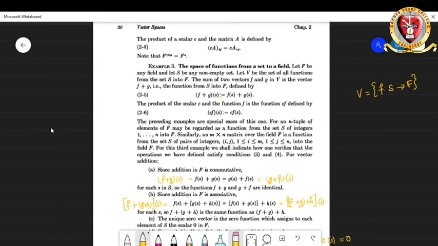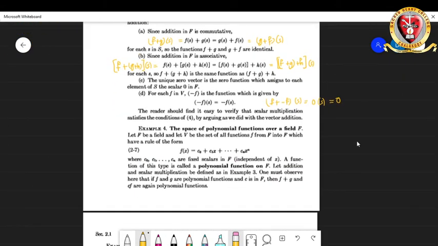The third example is the set of all functions, as we said, from a non-empty set S to the field F, so this is over the field F.